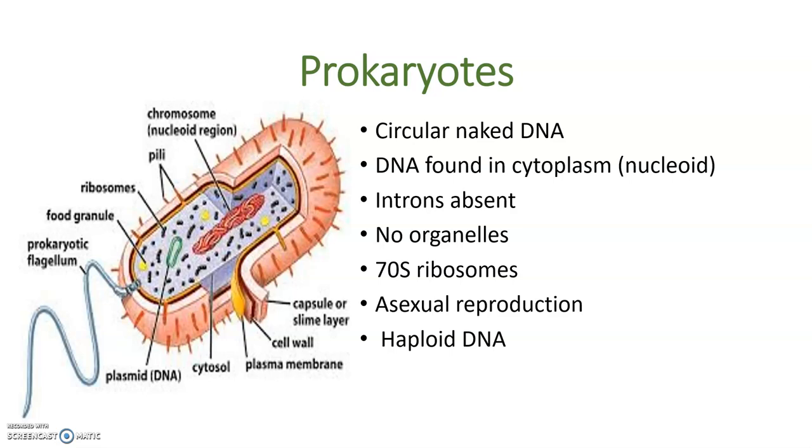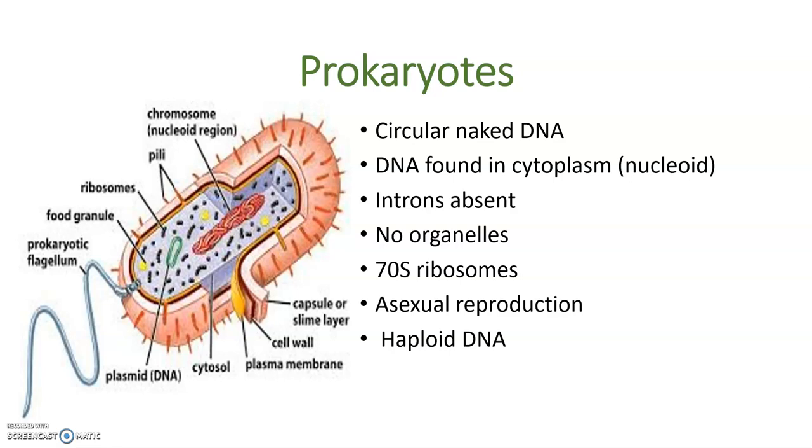Coming to the interior organization of a prokaryotic cell, there are few compartments. That is, there are no membrane-bound cell organelles in a prokaryotic cell. They don't have a nucleus, they don't have mitochondria, and all these types of membrane-bound organelles are absent.